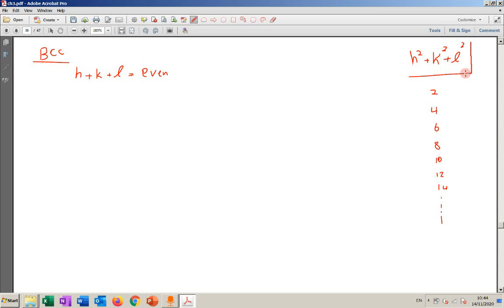We're going to have those values, I mean their squares. We're going to find a set of planes whose square sum will be 2, and again H plus K plus L will be an even number. Now let's find some planes that follow these two rules. Their summation will be even, doesn't matter which even number, but their square sum will be 2, 4, 6, 8, 10, 12.